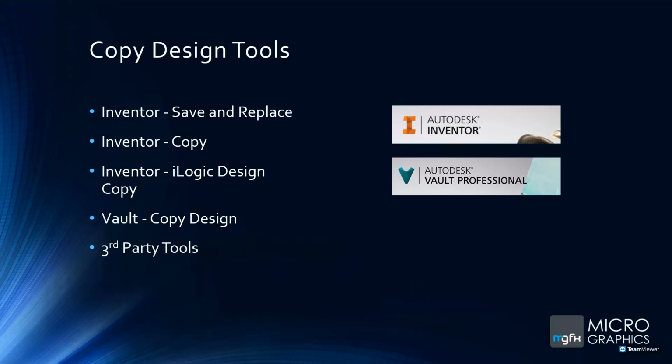Copy design in Vault Basic is the older copy design, which had been around for years in the paid versions, but a couple of years ago it was overhauled, and now in Vault Workgroup and Vault Professional, your paid licenses, you get the basically new and improved version of copy design. That is the one I'll be looking at and demonstrating today, as I have Vault Pro installed on my system.